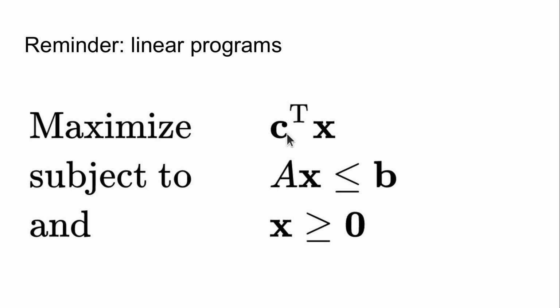And then you have an objective vector, which is the same format, and you want to maximize the product of the transpose of the objective vector multiplied by the variables vector, while satisfying these two constraints: that you have some matrix A multiplied by x less than or equal to b, and similarly that each element of x is individually greater than 0. B here is a vector, while this 0 essentially represents the 0 vector, of size 1 times n, where each element is positive.